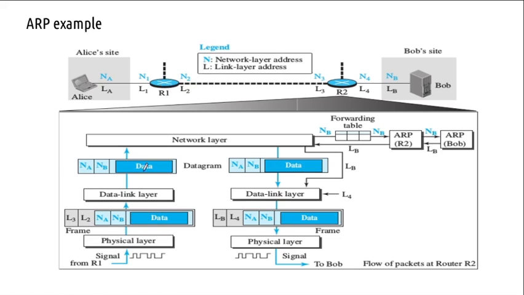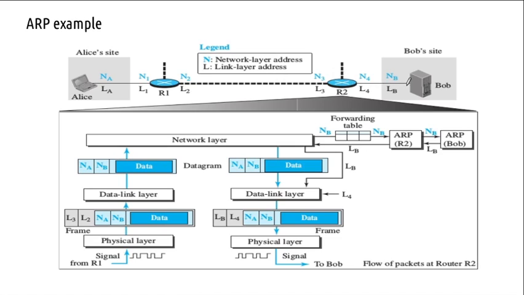So what happens here? R1 decapsulates all these things, and then it says, to reach NB, I need to send it to NB. Just tell me your link address. Bob, tell me your link address. So the ARP process happens, the link address is required. This is the source router for Bob, so Bob's router will know if the ARP cache is maintained here.